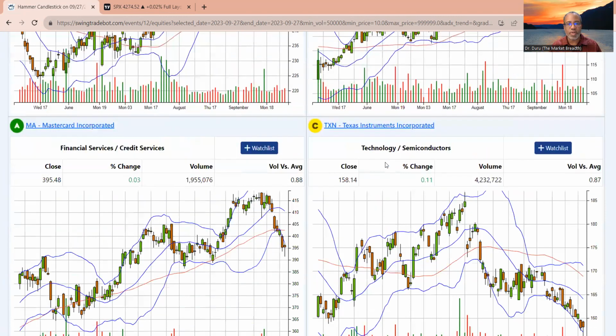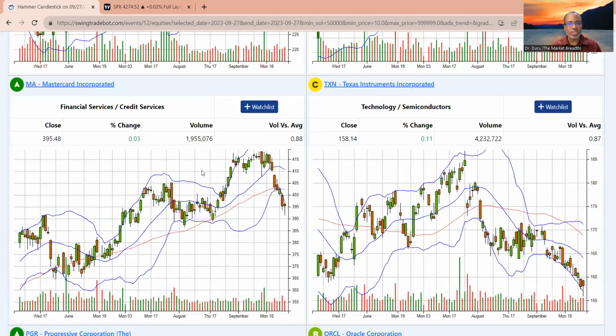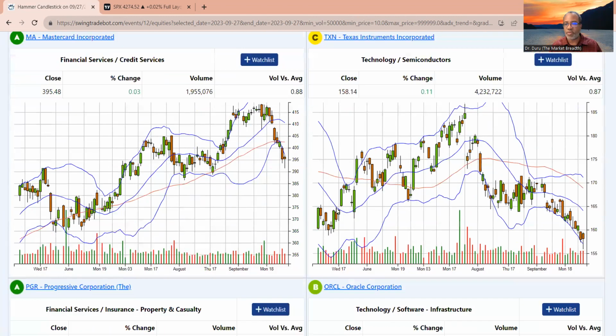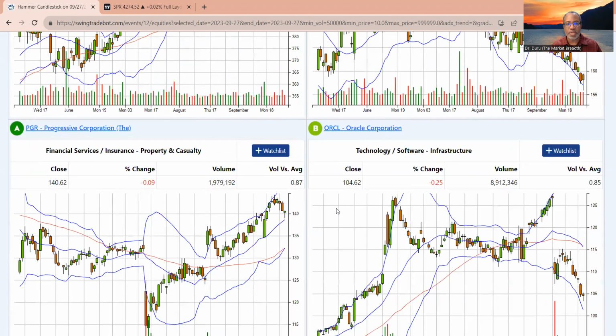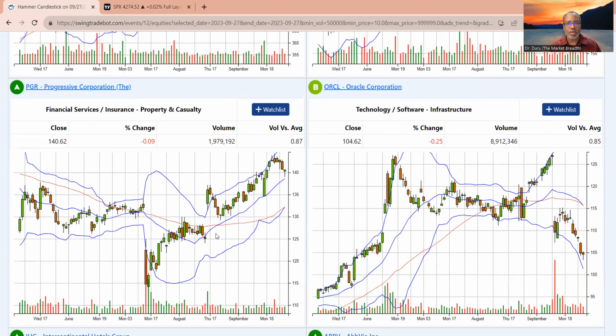DHR equal LYS. Just really quickly, I would skip MasterCard as a financial anyway, but the other thing not to like here is this breakdown below the 50-day moving average and no near really good support level for this candlestick to build momentum from. TXN, Texas Instruments, don't like that one. Hopefully you can see why.